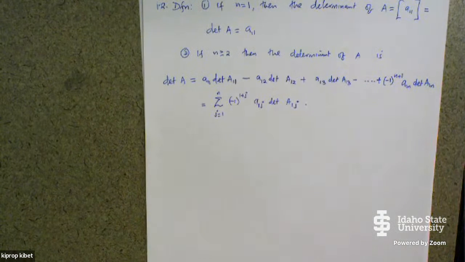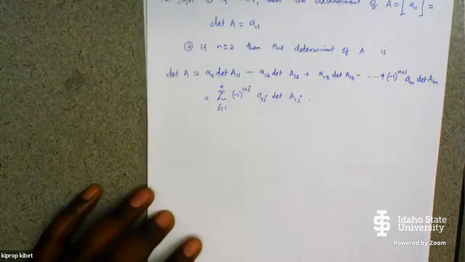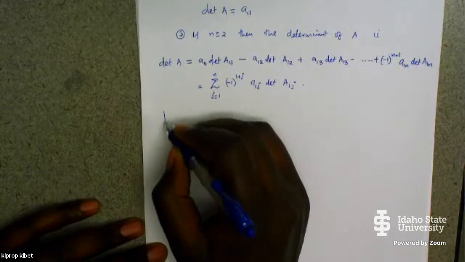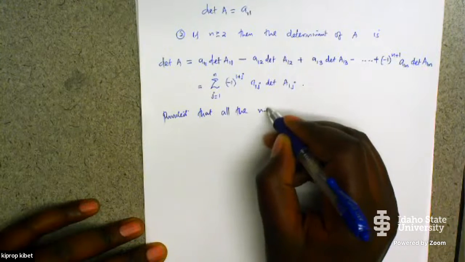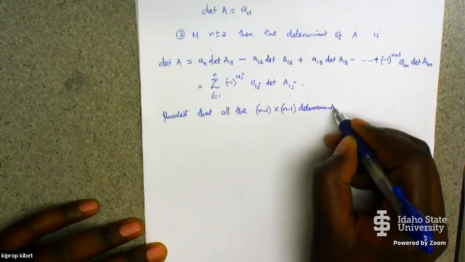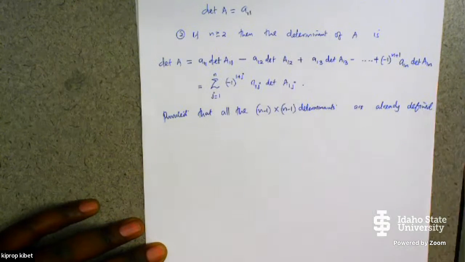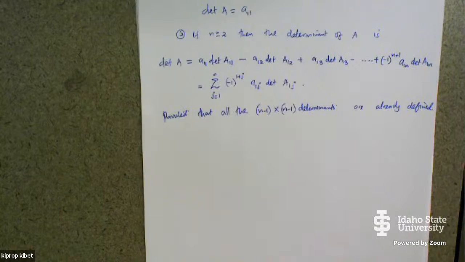You see this 1 plus j here, and then A1j. This is provided that all the n minus 1 by n minus 1 determinants, the determinants of A11, A12 and so on, are already defined.